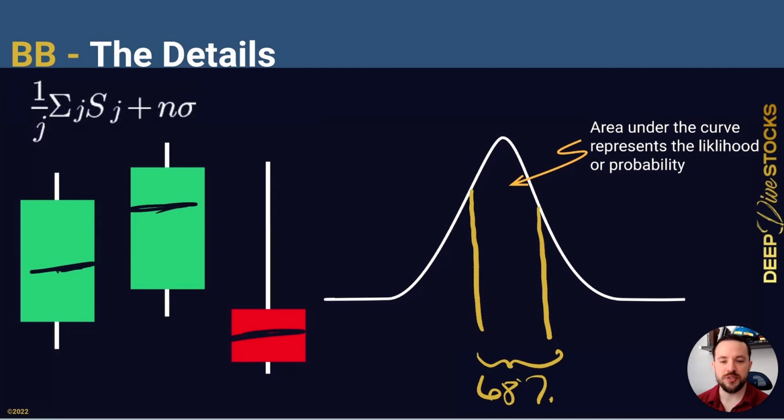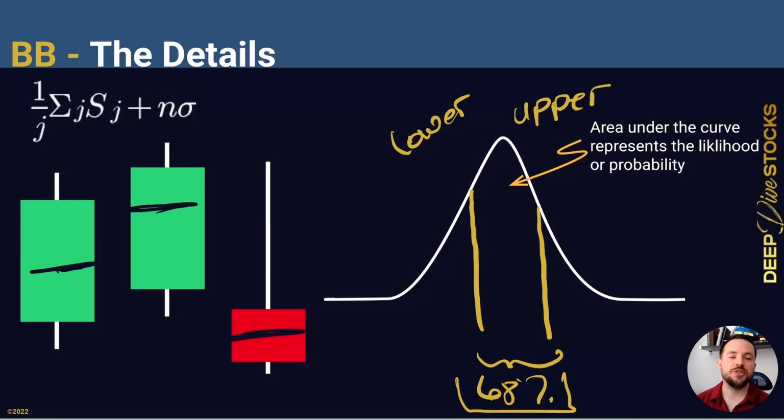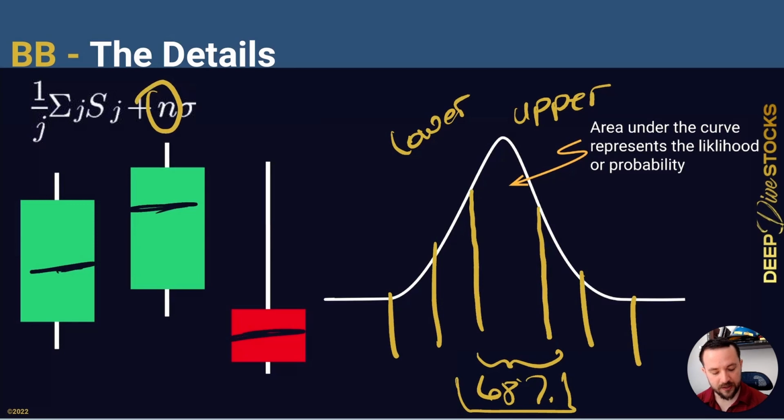What does this distribution tell us is the upper and the lower range if I want to know what is 68% probable? And these are the exact upper and lower bands that you see on the Bollinger Bands. And just like you can set how much past data you want to include in your calculations, you can set how wide you want the slice of the probability curve to be by setting the n value.